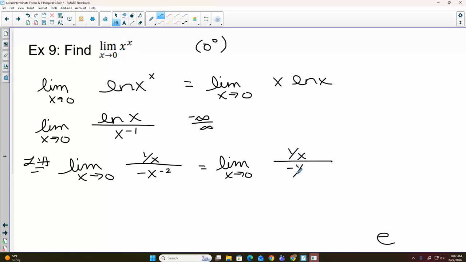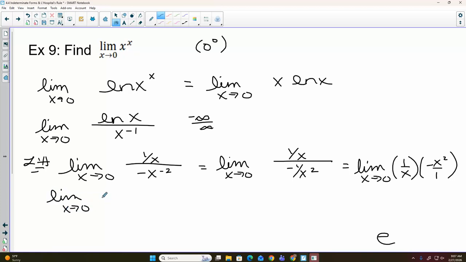Negative x to the negative 2, that's negative 1 over x squared, so what could we do here? If we do that, we just get negative x, and we can plug a 0 into that, so we get 0. So my answer is e to the 0 power, or what's anything to the 0 power?